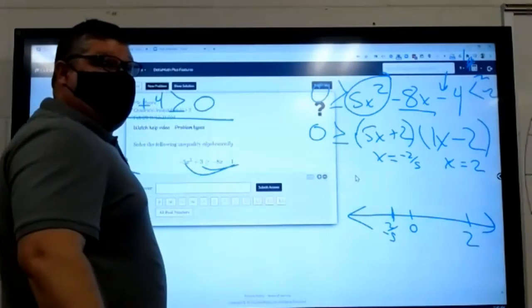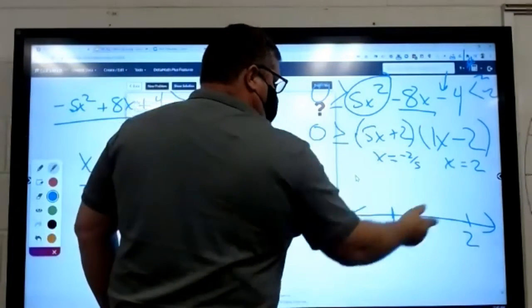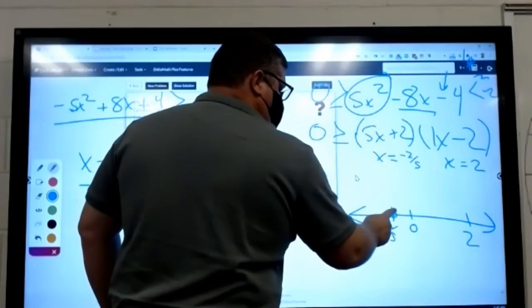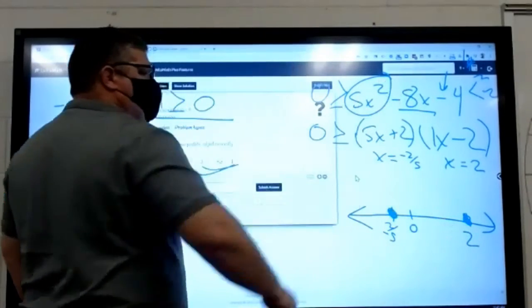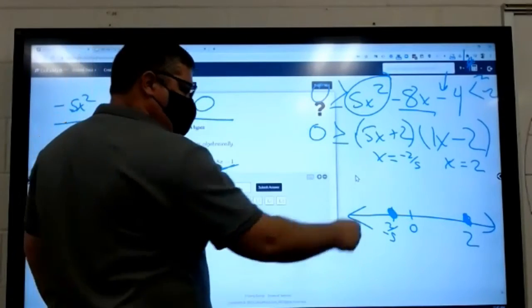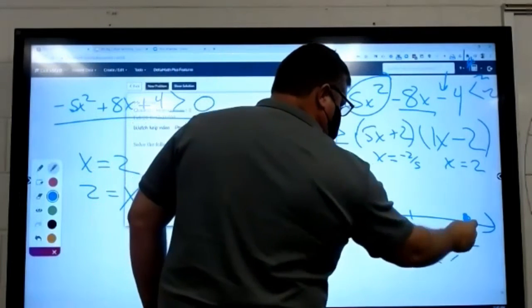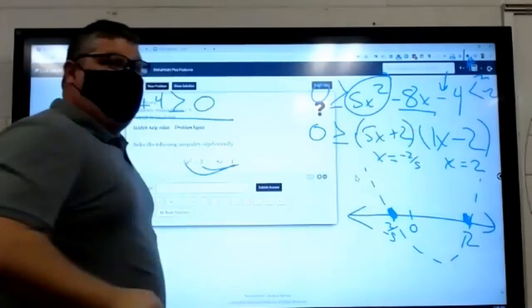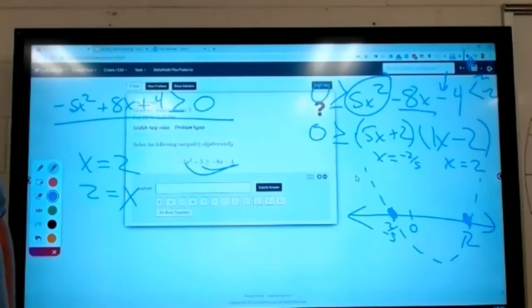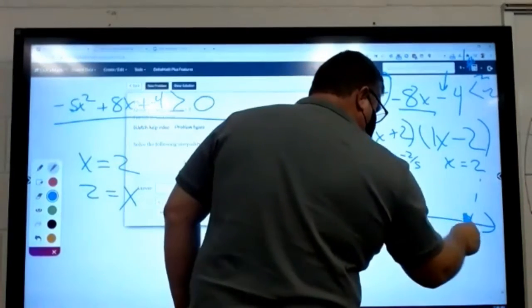Does everybody agree with that? Okay, open or closed? Okay, does this open up or does it open down? So which part is 0 greater than all that stuff? In the middle. That's right, it's going to be in this area, isn't it?